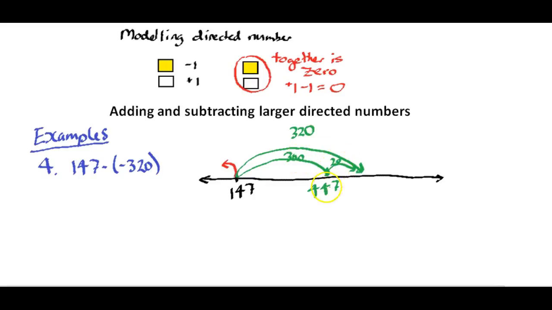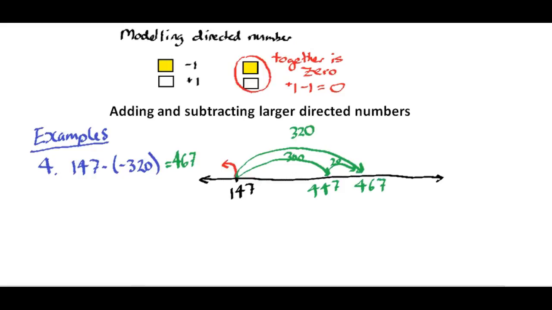And I'm going to just add 2 to the tens column. So I'm going to end up at 467. So my answer to this problem is 467. Now notice, well, the previous question we had 2 pluses together that we could replace with a single plus. Well, effectively, by facing the negative direction because of this minus sign and then walking backwards, it's the same as just doing a plus.